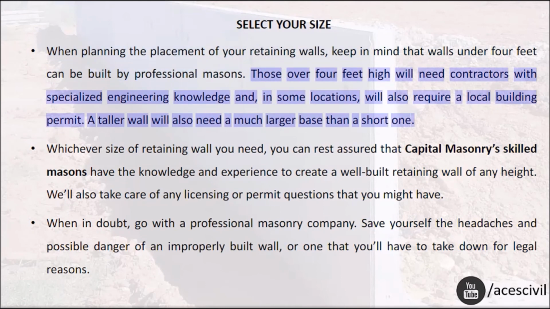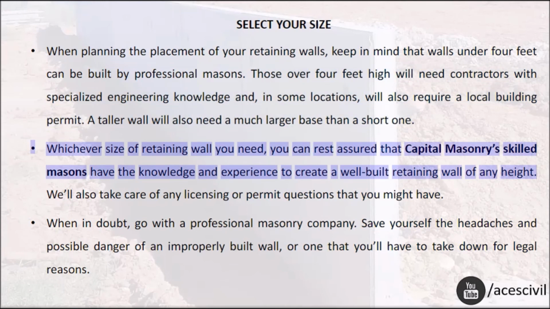Those over 4 feet high will need contractors with specialized engineering knowledge and, in some locations, will also require a local building permit. A taller wall will also need a much larger base than a short one.